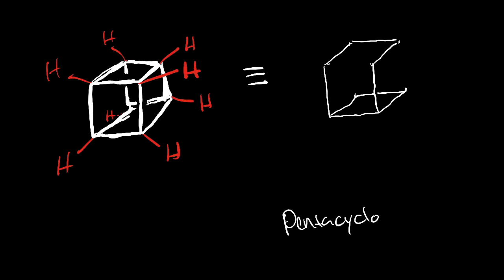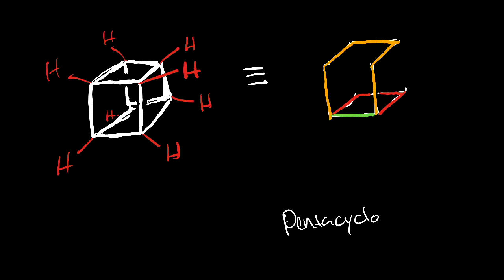I can highlight it a little better: you've got this one cyclic system there, and then a second system that is shared with this bridge here, and it is this system there. So that we can name.